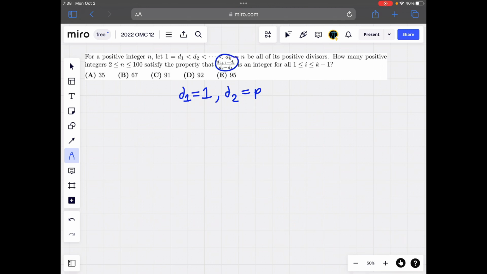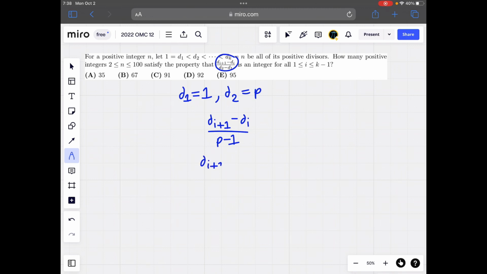So with that in mind, let's rewrite this fraction (d_{i+1} - d_i) over (d_2 - d_1), assuming that d_2 equals p, the smallest prime that divides n. We have (d_{i+1} - d_i) over (p - 1) is an integer.